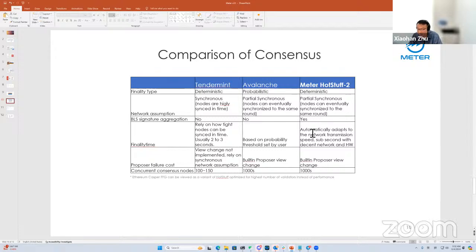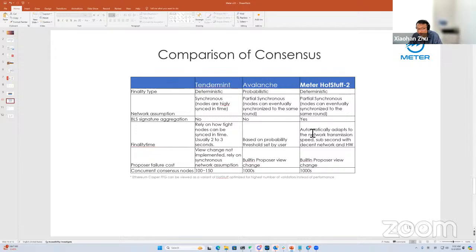We try to strike a balance between performance and decentralization. In the Meter consensus implementation design, we don't have assumptions on network synchronization, just partial synchrony, meaning the network can temporarily be in an out-of-order state, and then eventually the network becomes fully connected with reasonable delays.